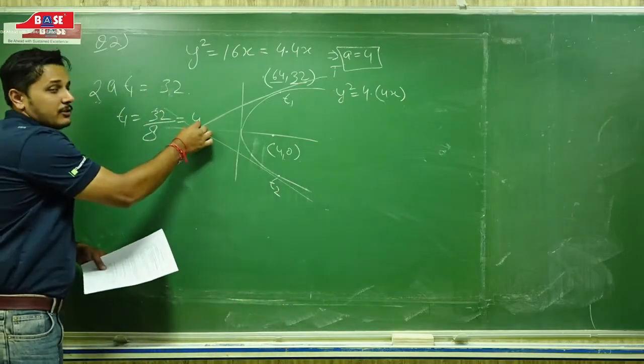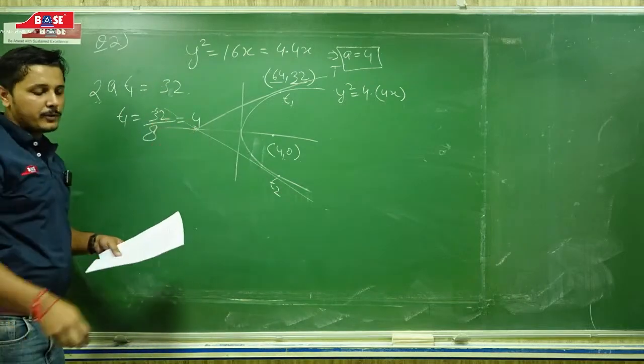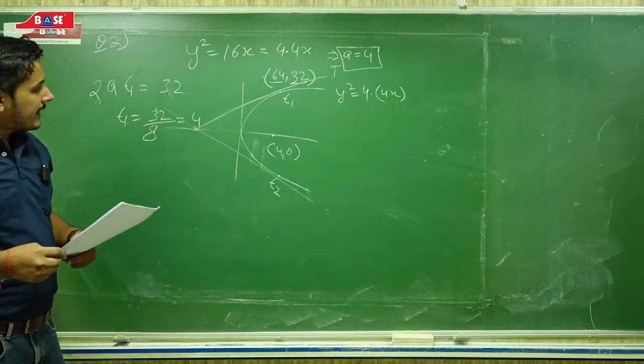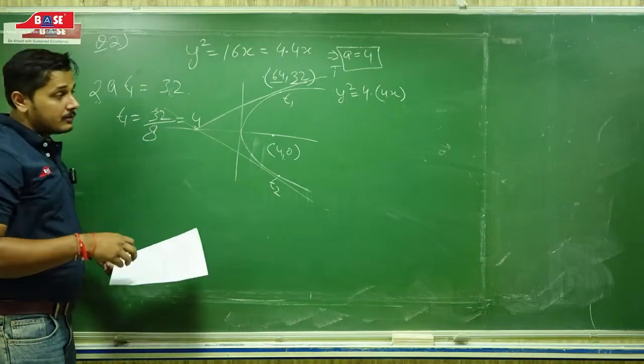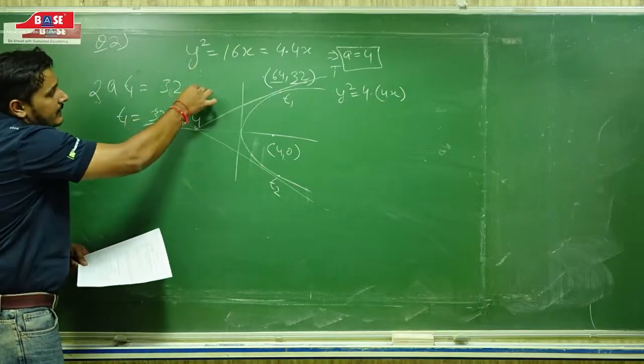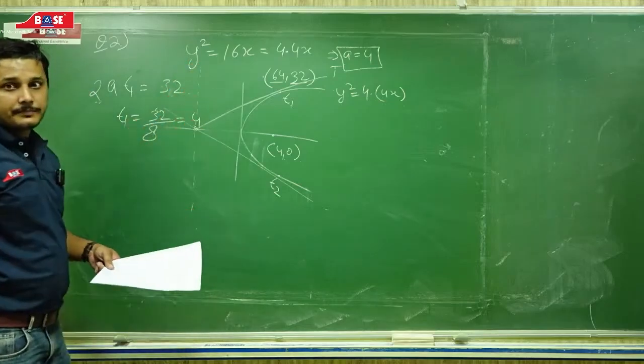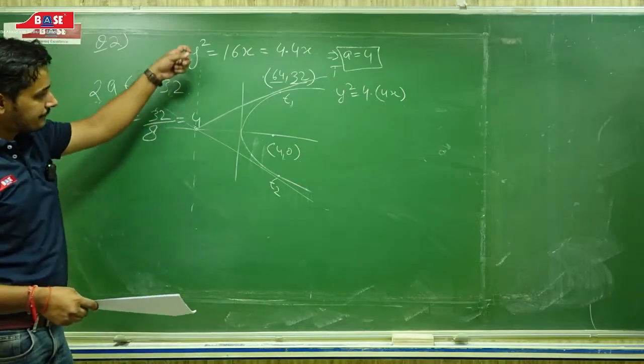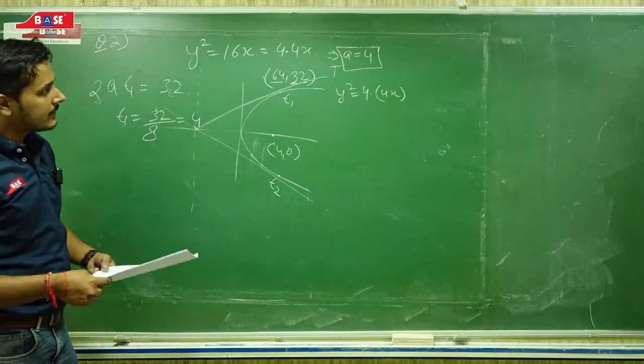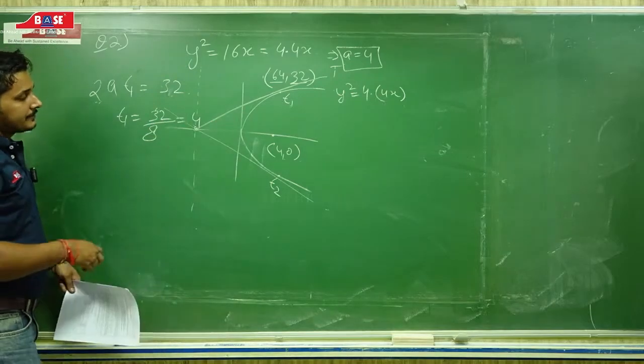I do not know whether they are intersecting exactly at this point or not, but they are perpendicular to each other. So one thing I can directly say is that it will intersect at the directrix of the parabola y square is equal to 16x.